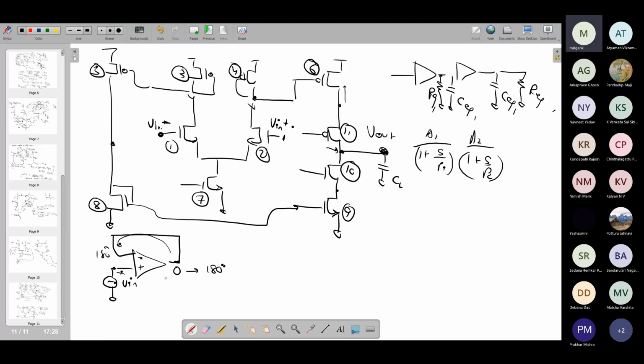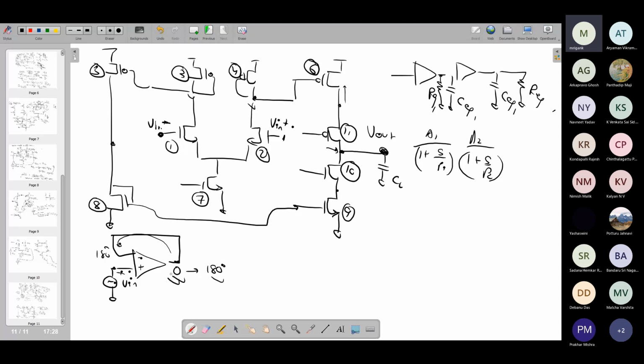So we have seen that overall, because of the poles, the phase also shifts. At low frequency, if we ignore the effects of parasitic capacitances, the phase shift from here to here is 0. But as the frequency increases, poles are coming, you may get 180-degree phase shift at a certain frequency. And then if the gain at that frequency is still greater than unity, you may get oscillation.